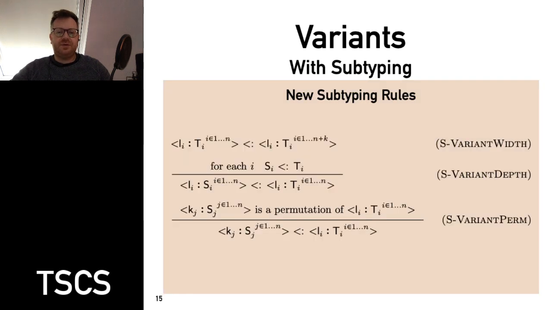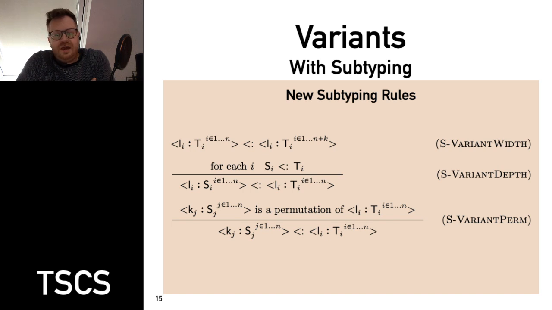But these are the subtyping rules, the width, depth, and perm rule for variants. And as you can see, they look basically the same as for records, but the tables are a little bit turned. So here on the right side of the relation, you can have more, while on the left side you have less.